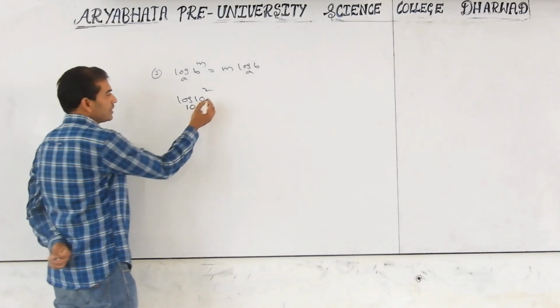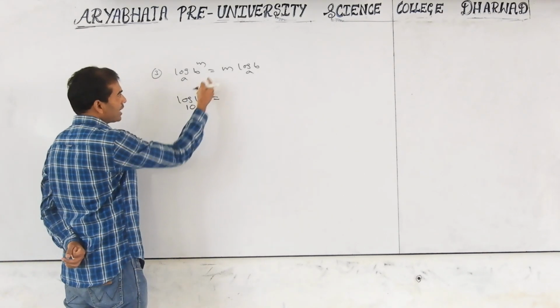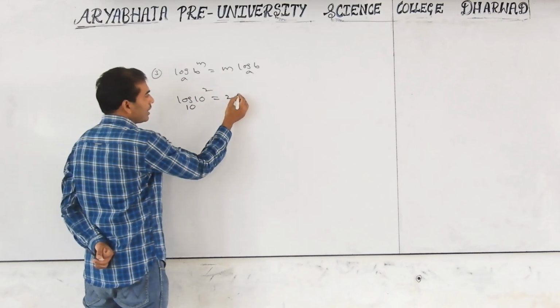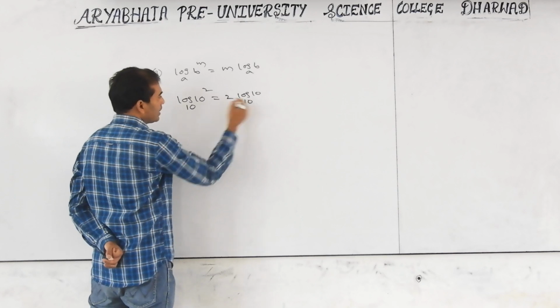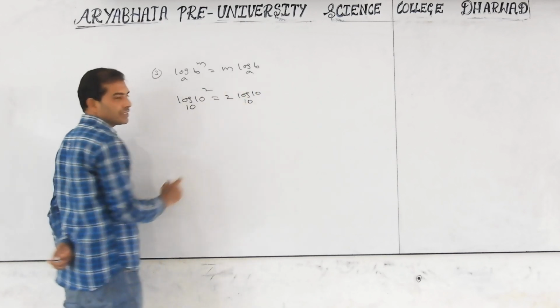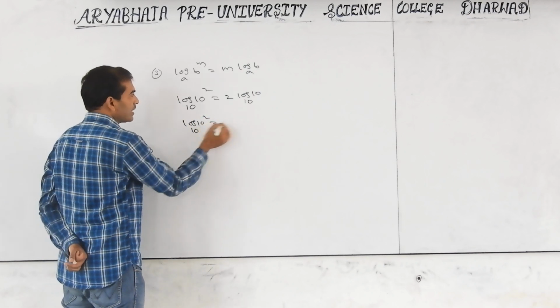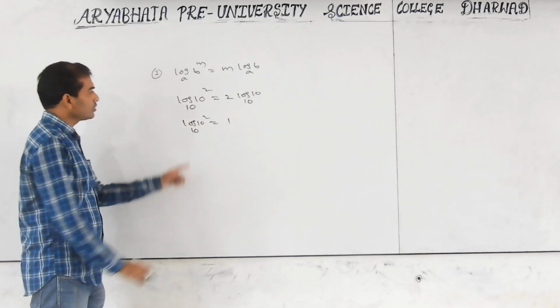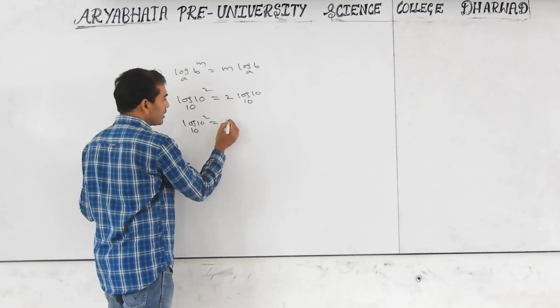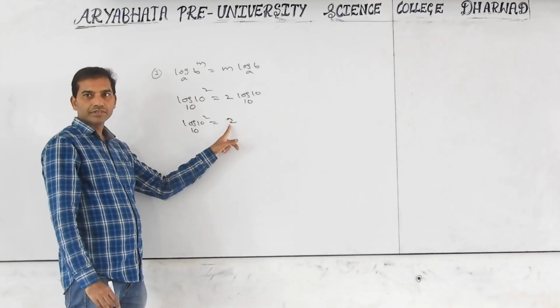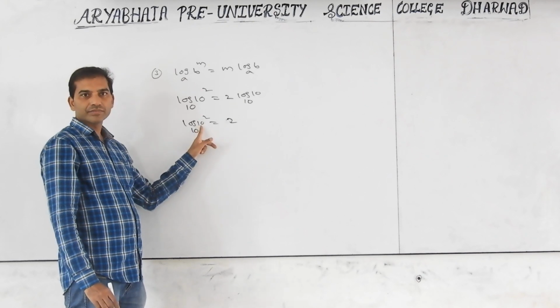It can be written as per this formula, 2 comes here, then log 10 base 10. Log 10 base 10 is 1. So log of 10 square base 10 equal to 2 into 1 equal to 2. Check it. Is it correct? 10 square.